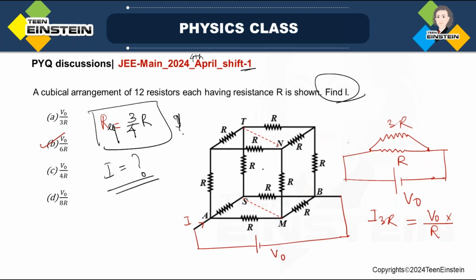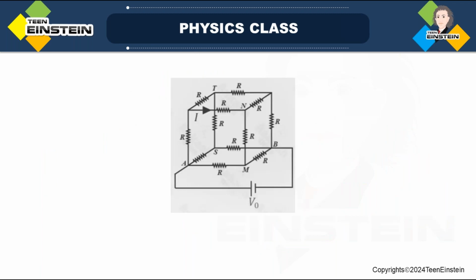This is the particular question: a cubical arrangement of 12 resistors, each having resistance R, find I. Actually, this is not the correct figure according to the options given over here. I had actually taken the wrong figure. The original figure is this one.